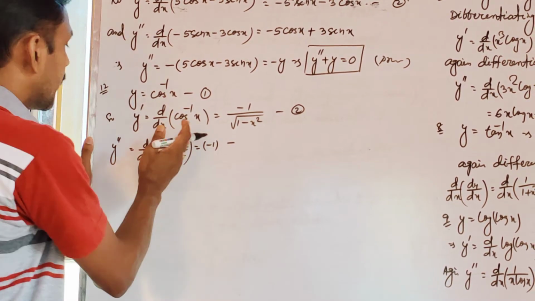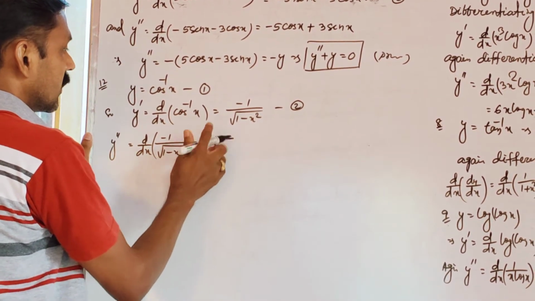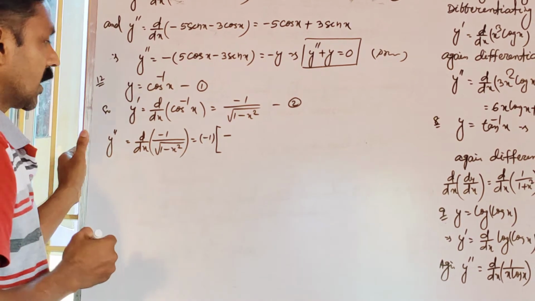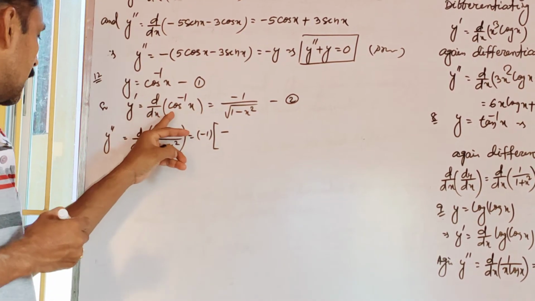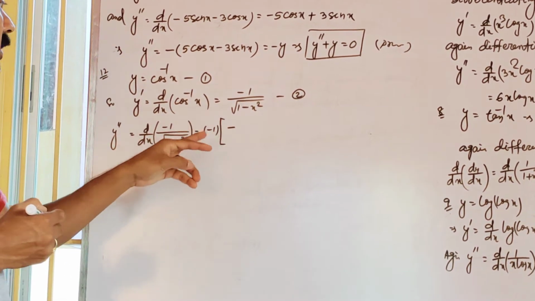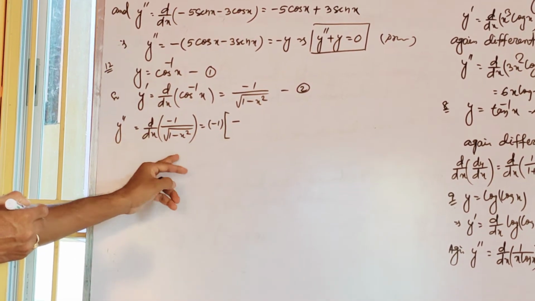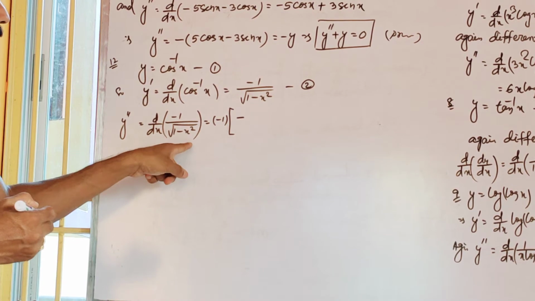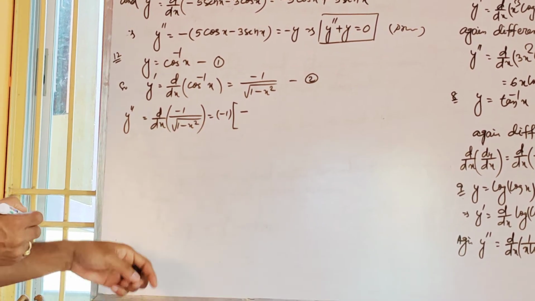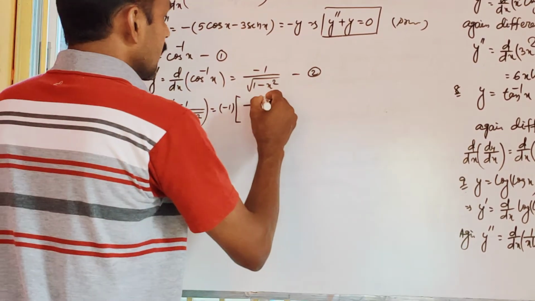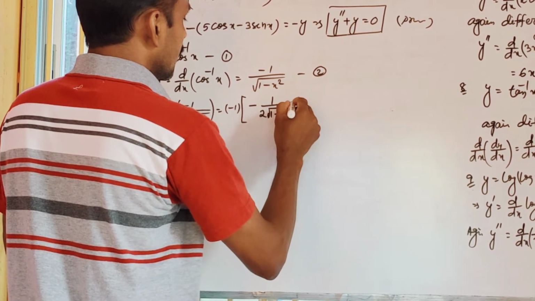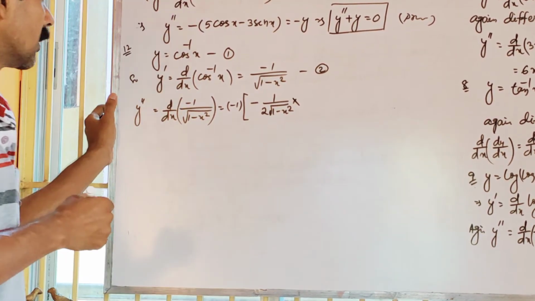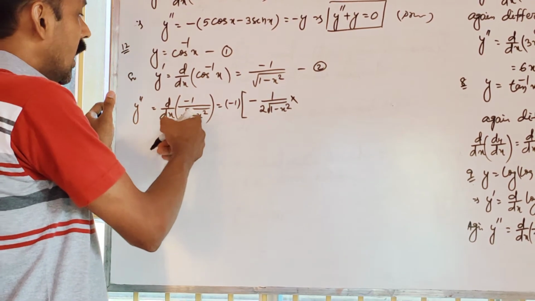But minus 1 we have taken common. Now it is only 1 by this. So derivative of numerator 1 is 0, into this, minus 1 into derivative of this one. First it is in the form of root x. Derivative of root x is 1 by 2 root x into derivative of 1 minus x square.